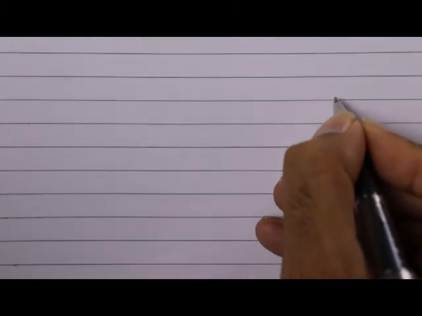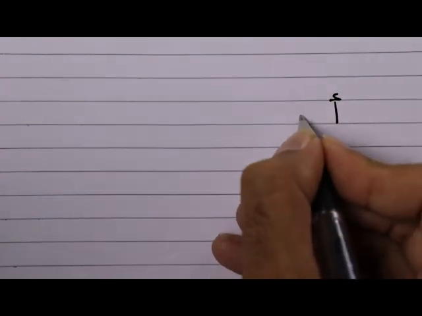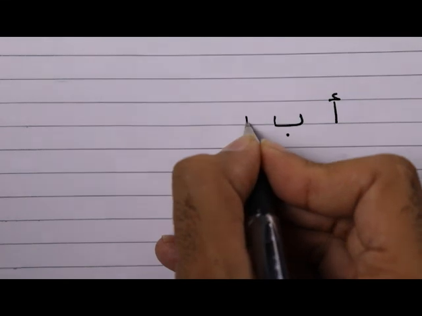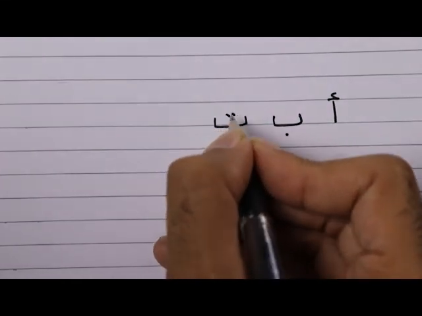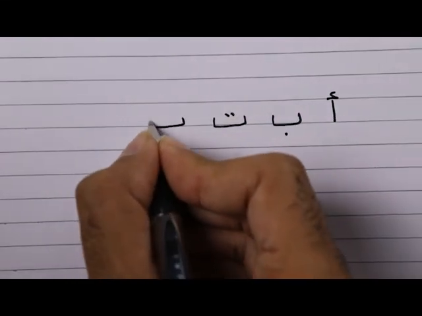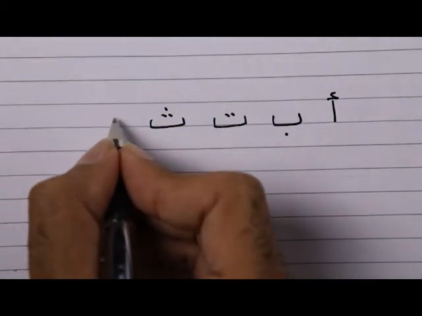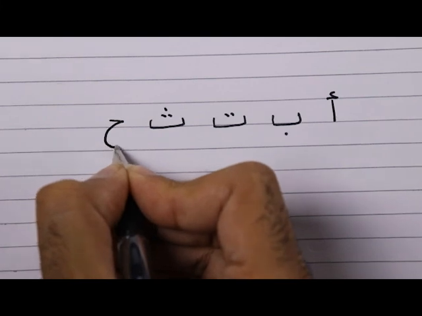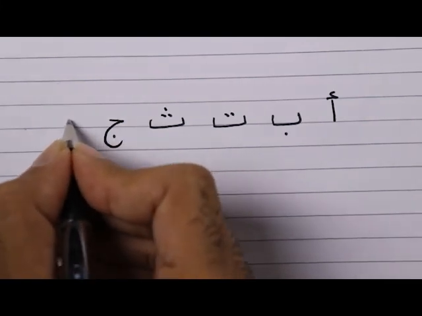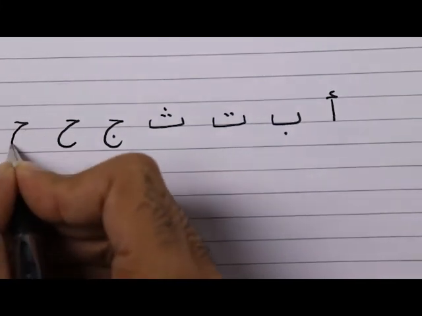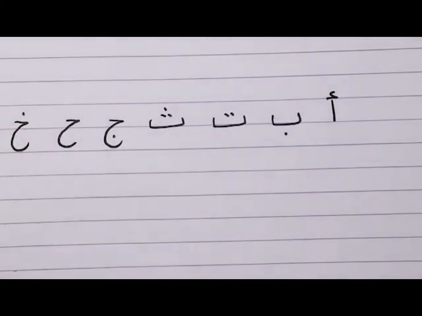Now let's write all the letters together. Alif, Ba, Ta, Tha, Jim, Ha, Kha.